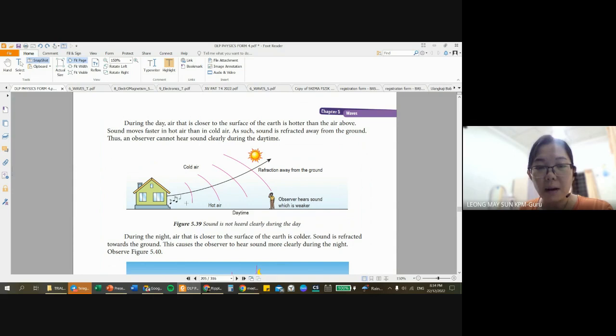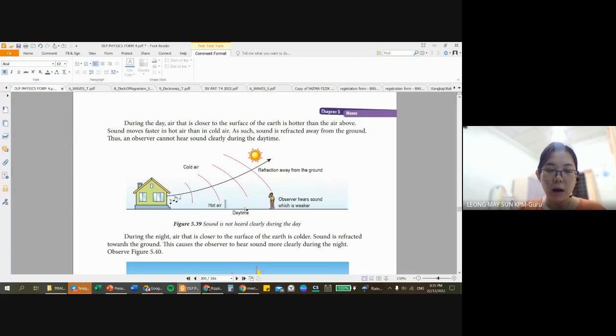So the air above this is hot air. The further away from the surface, it is much cooler. So one thing that you have to understand is hot air is less dense, and cold air is denser.